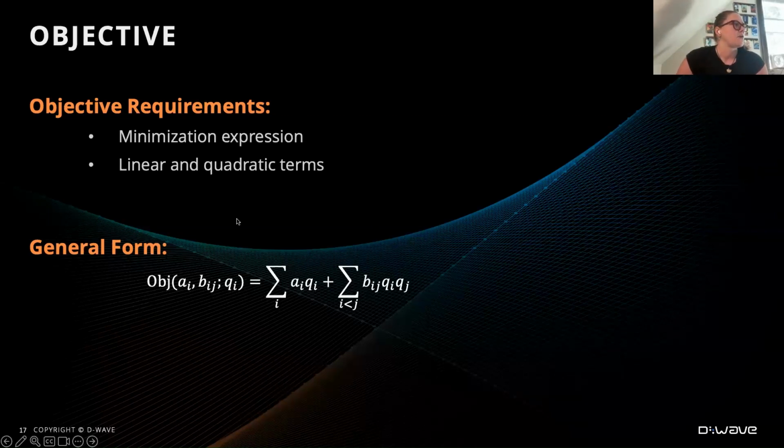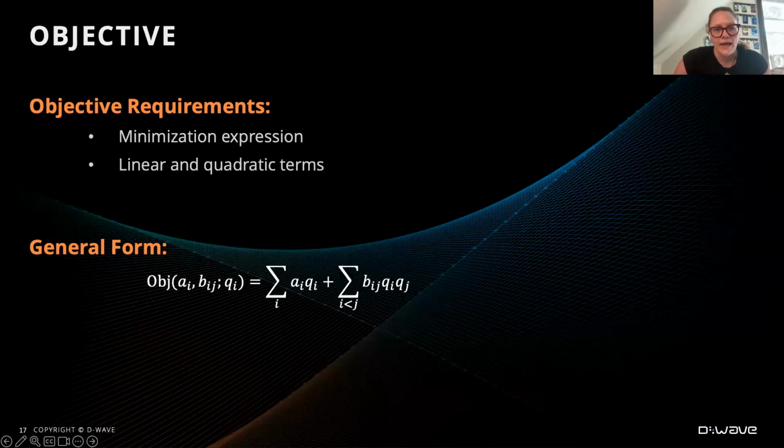The general form looks like this, where here is our linear term with the binary variable qi, so ai is a coefficient on the linear term. And here we have two binary variables multiplied together, so that'll be a quadratic term with a coefficient of bij. So we want our logical objective of minimizing edges to be associated with a mathematical object that looks like this.